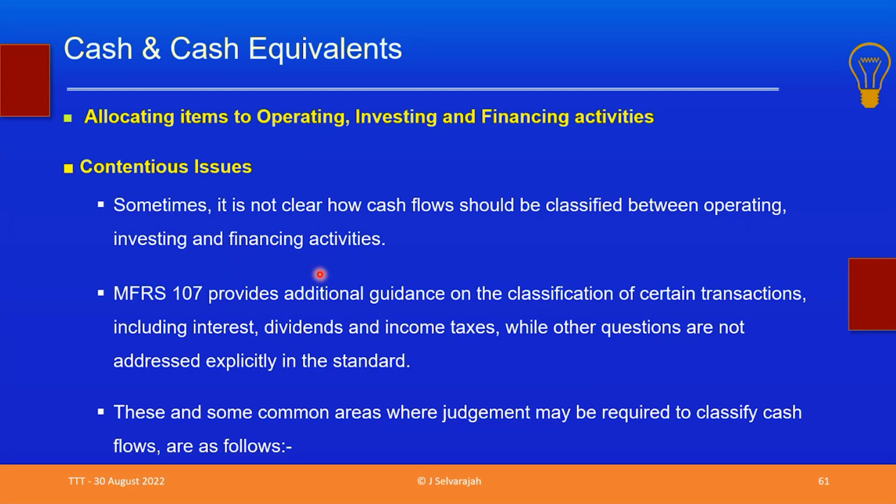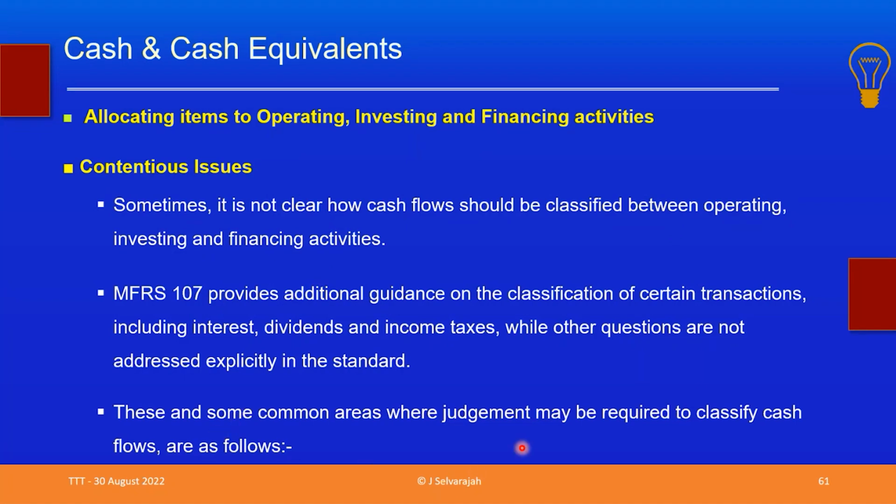Those are required for us to use our knowledge, practical knowledge, applied in the situation, determine whether there is any significant risk of the value changing. Then we make that decision. All right.